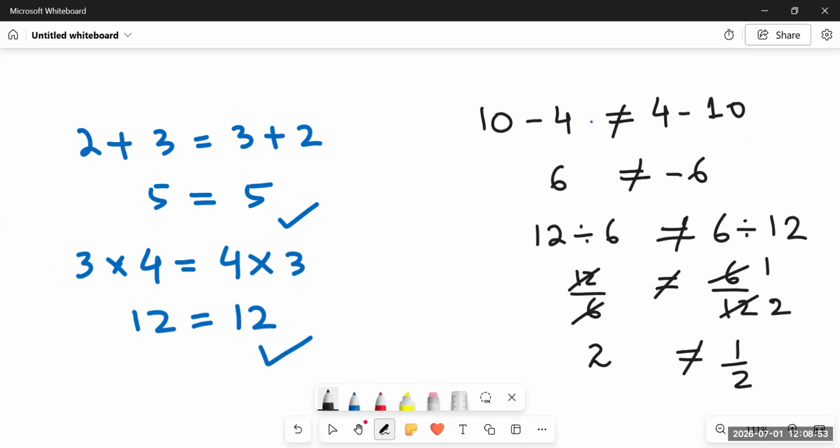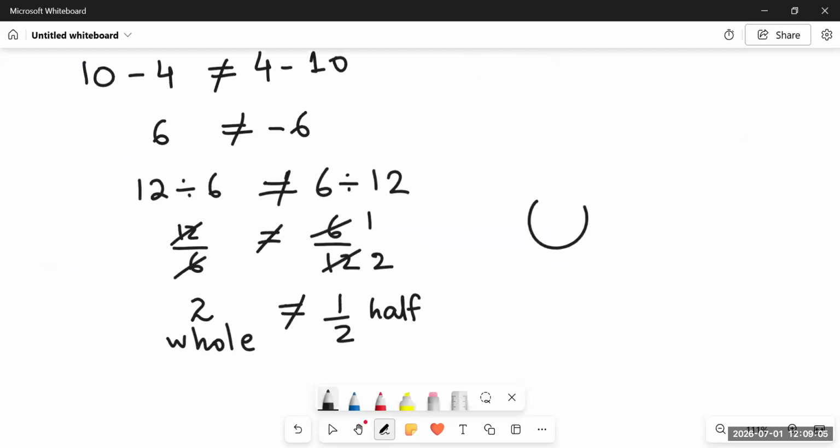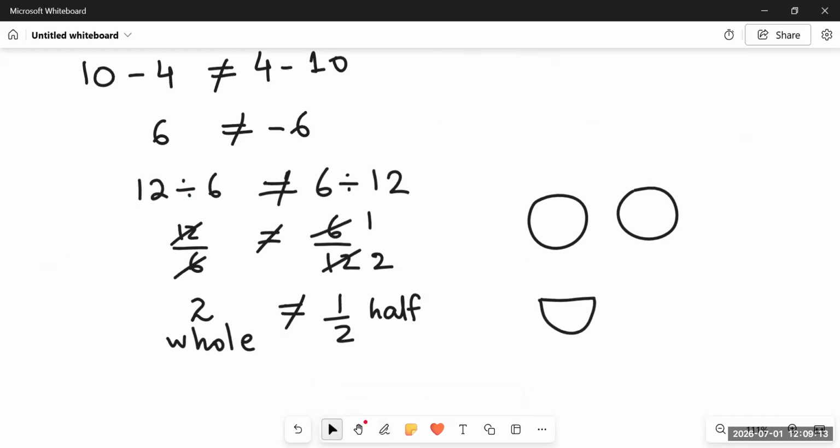So this is 2 whole and this is half. Both are not equal. You cannot write 2 and 1 upon 2 in place of one another because they are altogether different numbers. 2 whole means I have 2 pizzas, and 1 upon 2 means I have only half a pizza. So are the two equal? No, not at all. Okay.